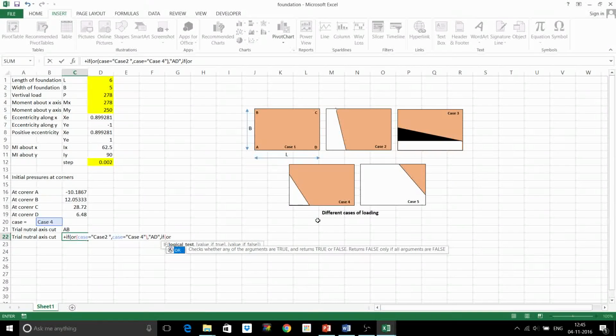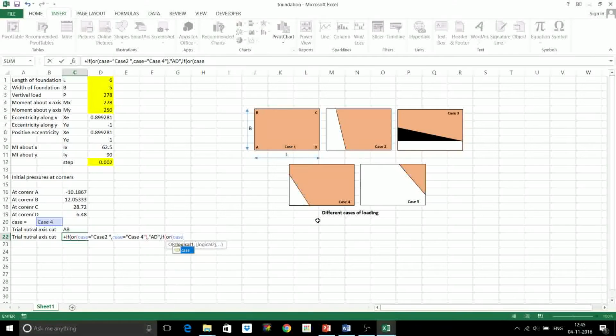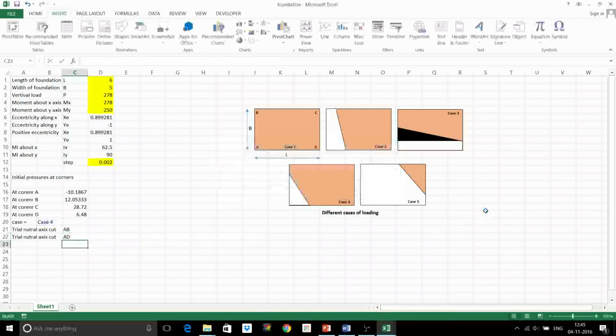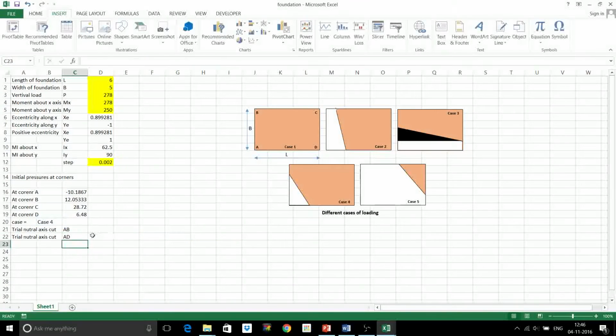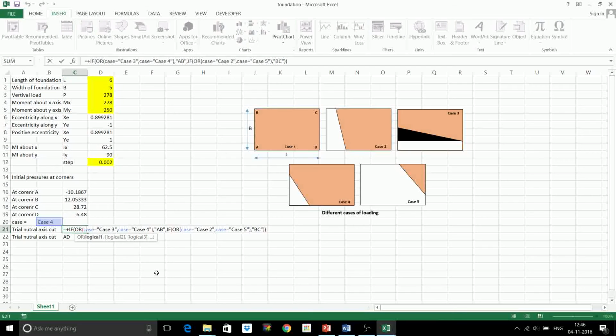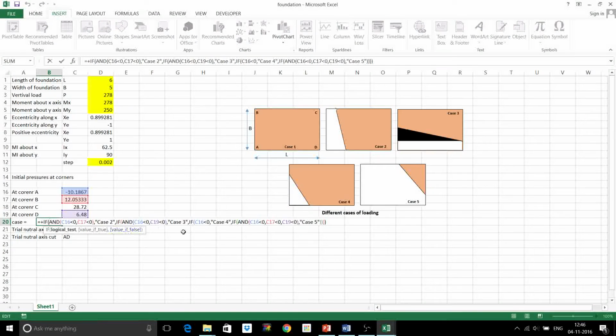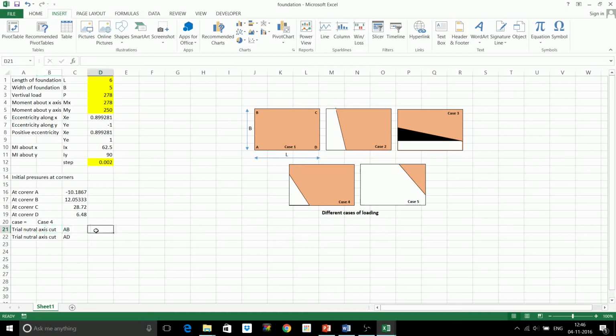If case equal to 3 and 5, case 3 or case 5, then it is DC.